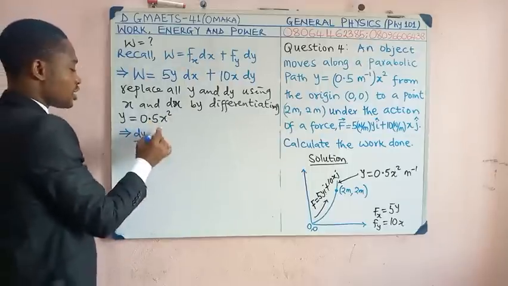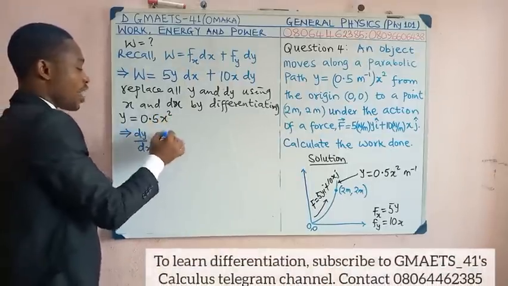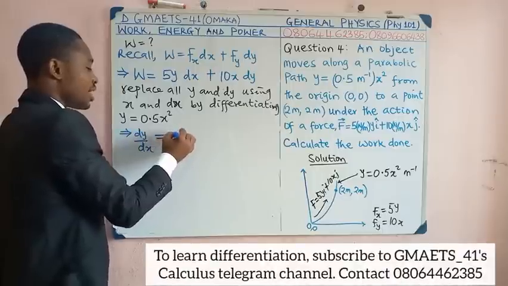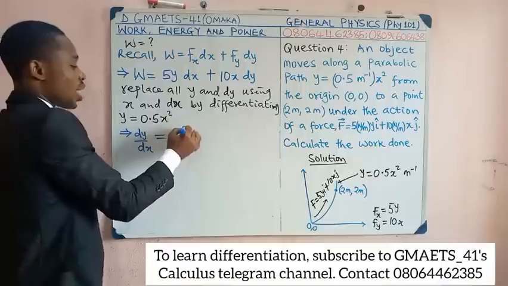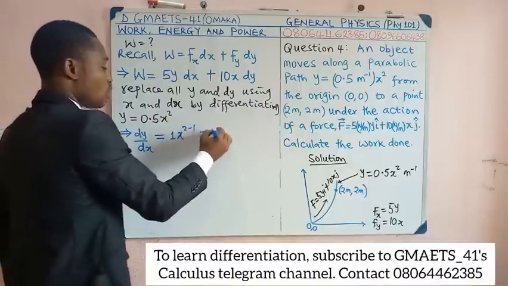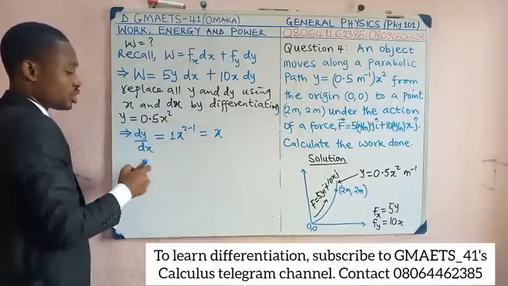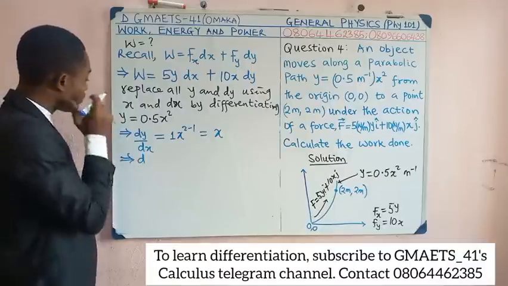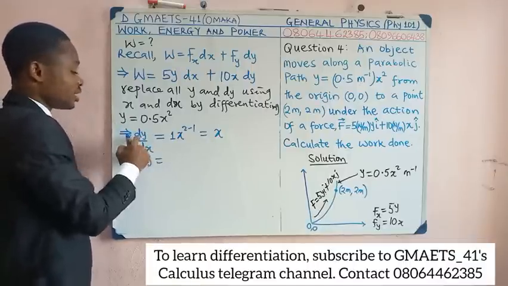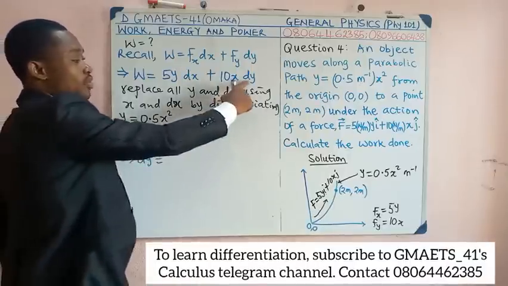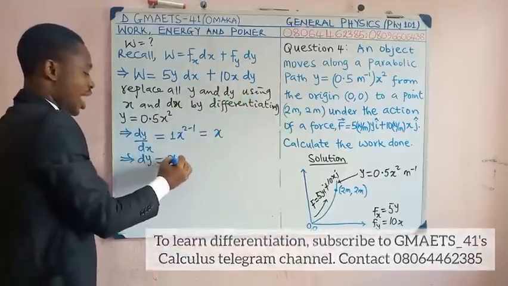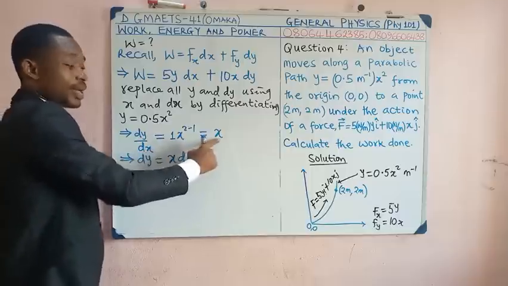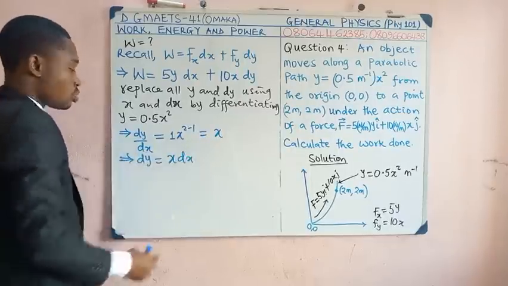If you differentiate this term, you're going to get 2 times 0.5, which will give us 1, then x raised to the power 2 minus 1, which is, of course, equal to x. That's the differentiation, which means that making the y subject of the formula, because we want to get the value of dy so we can replace it here, it will be equal to x dx. You know, you cross multiply. Is that okay? You cross multiply.